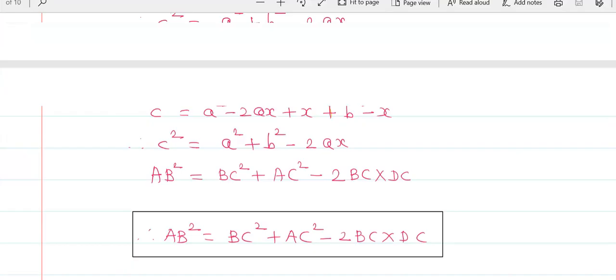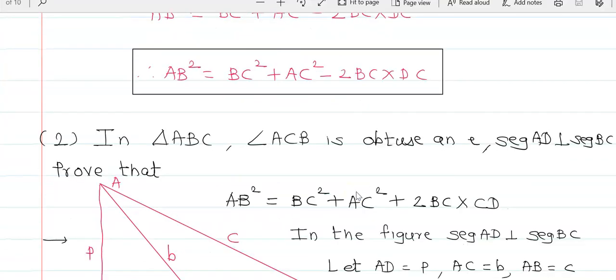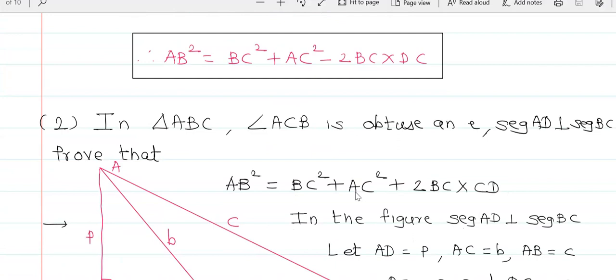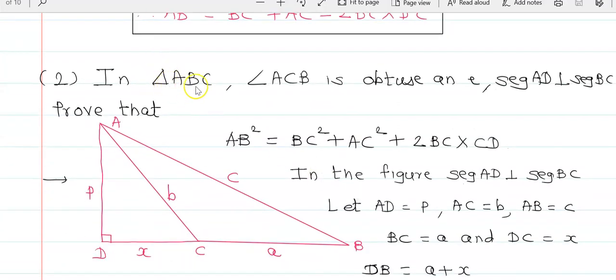Now, again we will see from the board whatever I had written. In triangle ABC, the measure of angle ACB is the obtuse angle. Segment AD is perpendicular to segment BC. Then prove that AB square is equal to BC square plus AC square plus 2 times BC into CD.